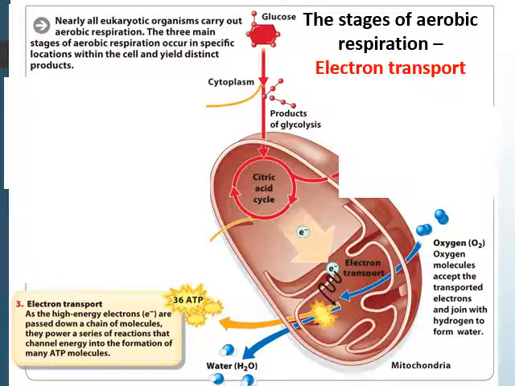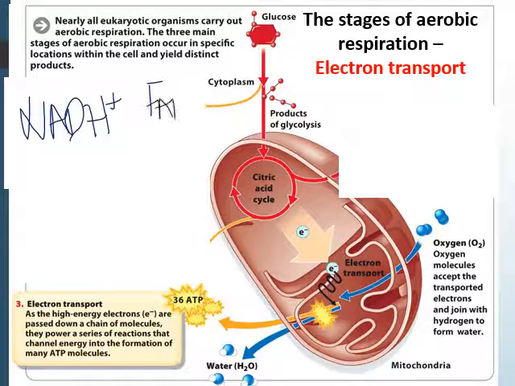Okay. So in electron transport chain, what happens is as those high energy electrons are passed down a chain of molecules, they power a series of reactions that channel energy into the formation of many ATP molecules. So we have all of that NADH and FADH2 that came from before, right?